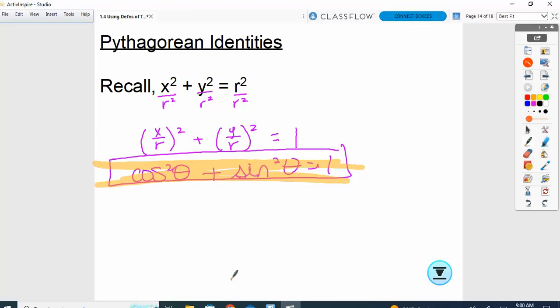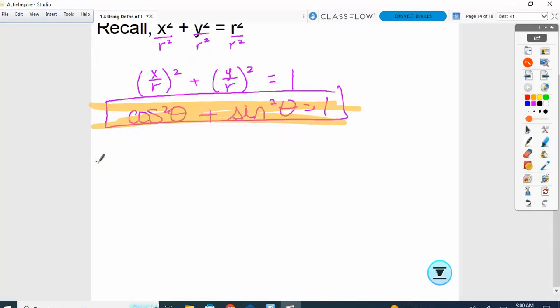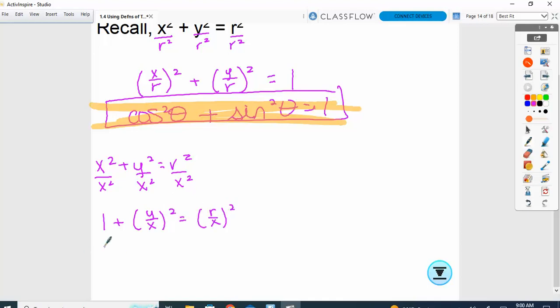There are a couple others that come from the same original formula. I started out dividing by r squared, but I could have divided by anything. If I divided by x squared, you get 1 plus y over x squared equals r over x squared.